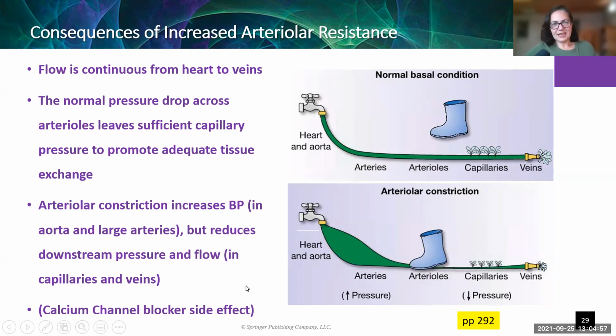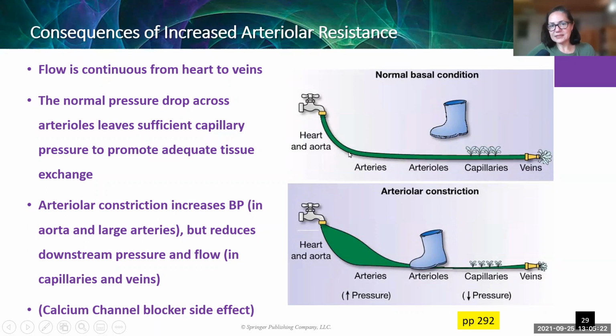I'm going to mention this now. We're going to talk about different medications that are used to manage blood pressure, but with one kind of calcium channel blocker, we actually see this side effect that the patients end up getting edematous as a result of a release of this pressure. So certain kinds of calcium channel blockers cause a release in the arteriolar pressure.